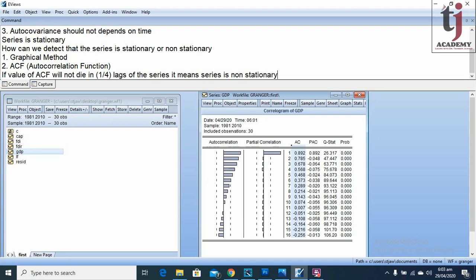Like this, in this series we can see lag 1, lag 2, lag 3, lag 4 have autocorrelation, so we can expect the series is non-stationary.